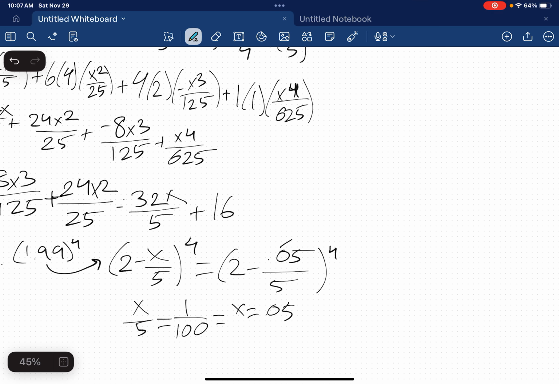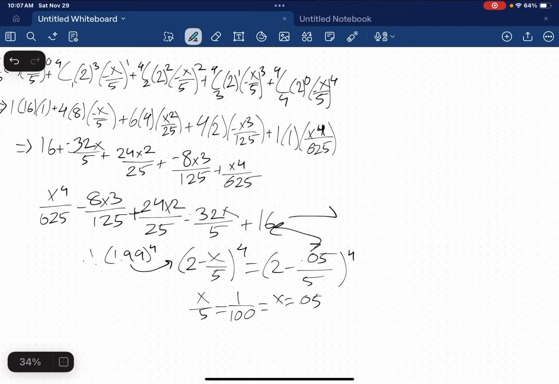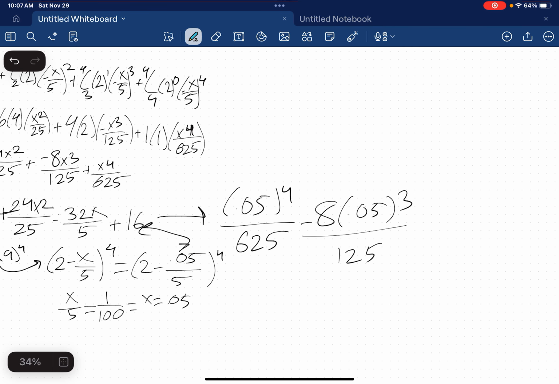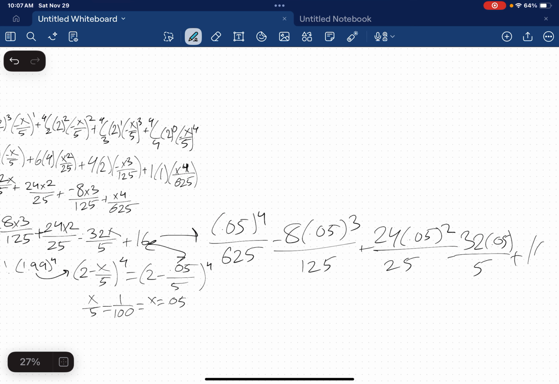Which means that since this is our x, we just plug this back in here. This comes over here, so we'll have 0.05 to the 4th divided by 625 minus 8 times 0.05 cubed divided by 125 plus 24 times x squared divided by 25 minus 32 times 0.05 divided by 5 plus 16.